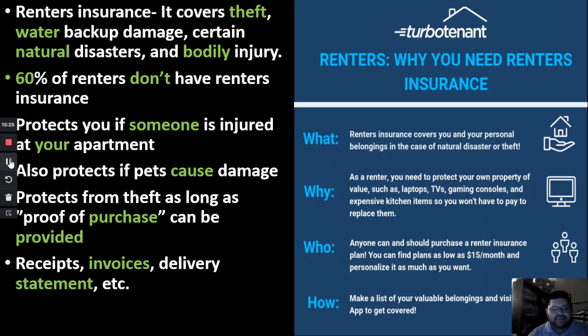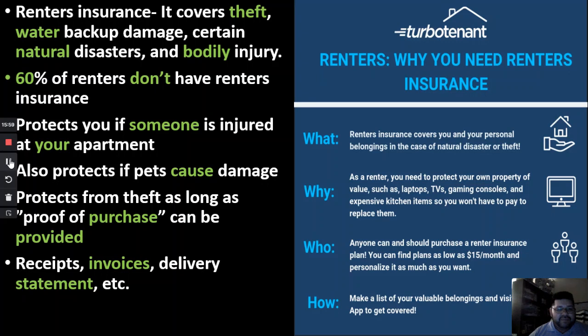Your insurance will take care of that injury, pay the medical bills for that friend, because hey, you're the one who installed it, and it just so happened to fall and hurt somebody. Here's the thing about renters insurance: 60% of renters admit that they don't have it. They're kind of gambling, risking it, but hey, to each their own.